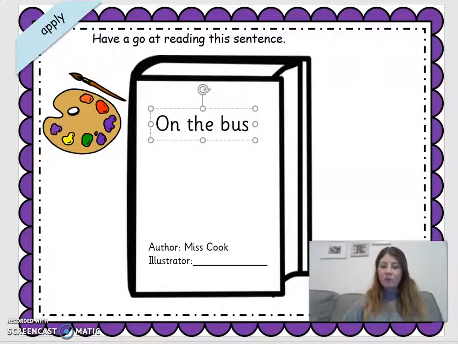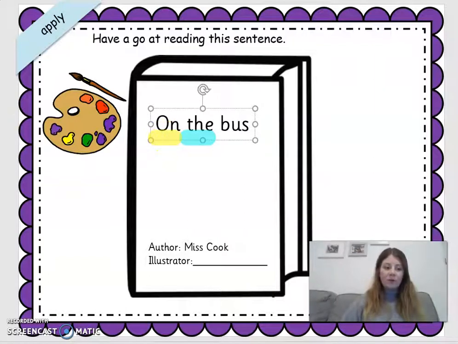Now, the first thing that we need to do is we need to read the title of the book. So let's begin by looking for any camera words. There's the word the. Are there any other camera words? I don't think so. Are there any key words? This is a keyword here, isn't it? On.